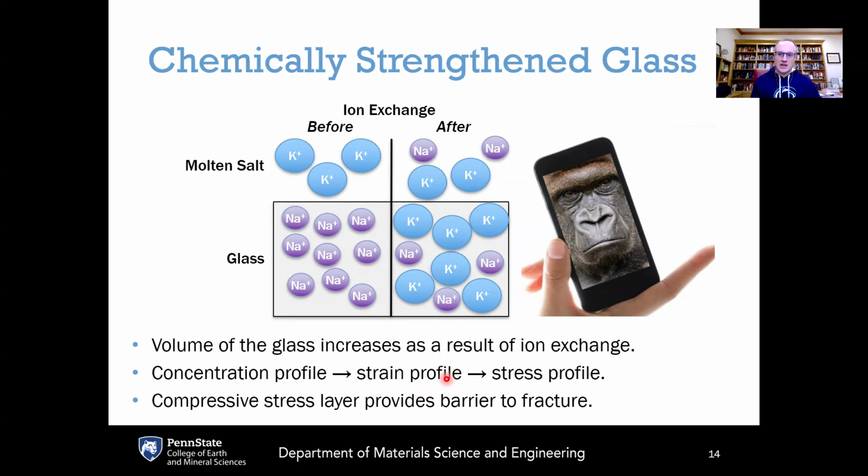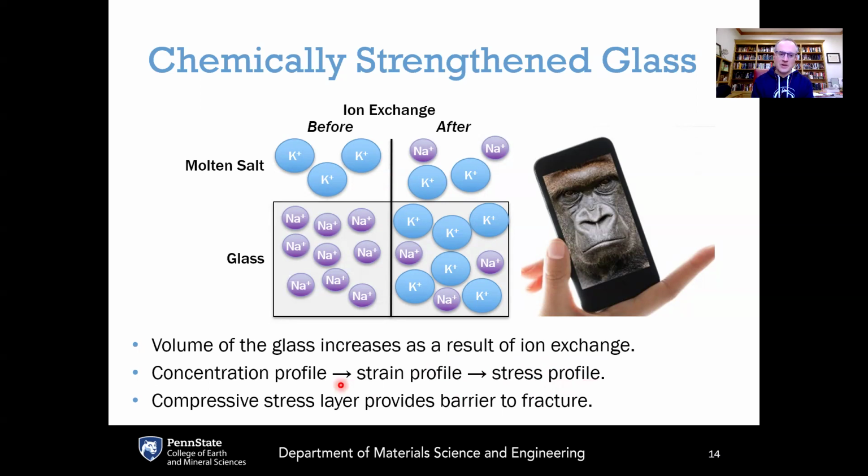The potassium hasn't had enough time to penetrate all the way into the middle of the glass. And so as a result, this strain profile gets converted into a stress profile because the outer layers of the glass want to expand. They're not allowed to expand because they're bonded to the interior of the glass, and that strain profile gets converted into a stress profile.